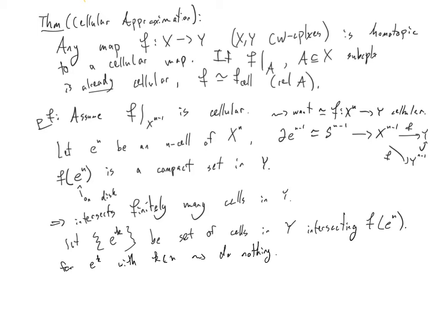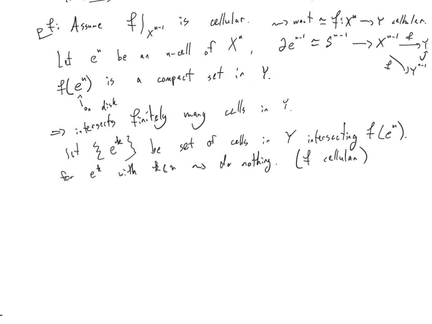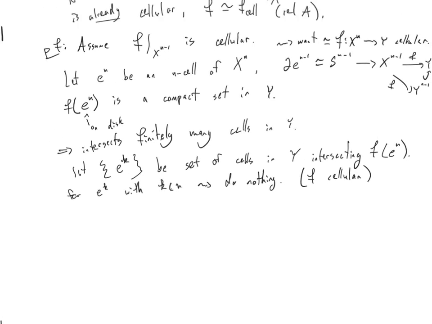So you extend F to those. If this collection is only cells of degree less than or equal to n, then F is cellular. And so our goal will be to deform F so that if there are any cells E_k where k is bigger than n, we can miss them. So let's write that.